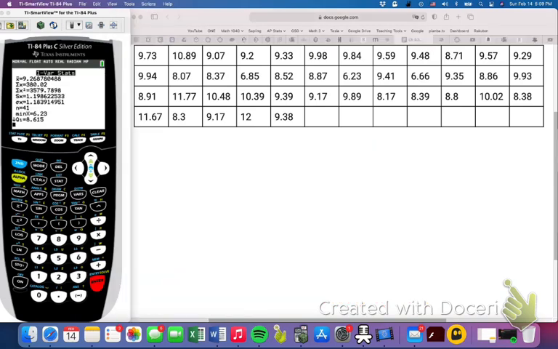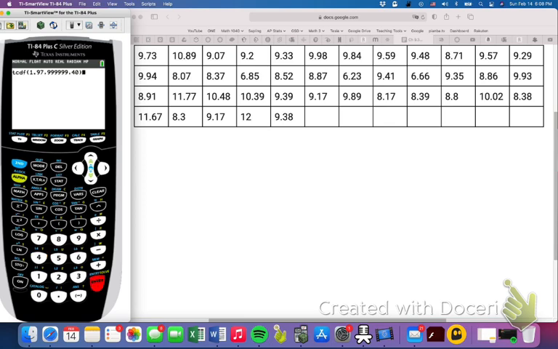Now I'm going to show you where to find the tcdf. To find tcdf, you go to second, vars, and then you see number 6. Go to number 6. It asks you for the lower, which in this case is 1.97. That's our T statistic, and we're only calculating for one tail. The upper will be 99999, and the degrees of freedom is 40.